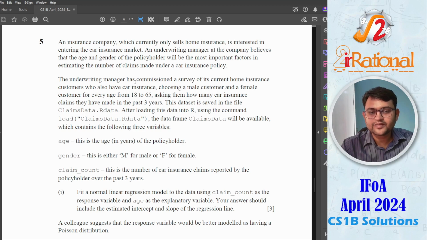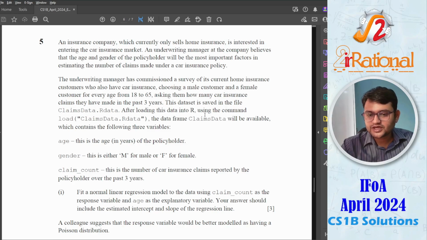The underwriting manager has commissioned a survey of its current home insurance customers who also have car insurance, choosing a male customer and a female customer for every age from 18 to 65, asking them how many car insurance claims they have made in the past 3 years. This data set is saved in the file claimsdata.rdata.